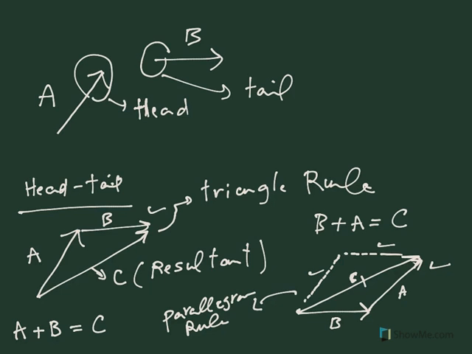Now let's say we want to use this concept, the vector addition concept, in particular the triangle rule, to solve a problem application. Suppose that a traveler is driving on a road trip, and let's say this traveler stopped at a rest area at point A. That's the rest area.